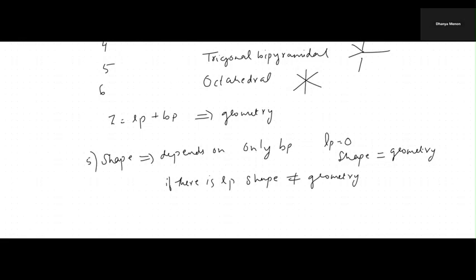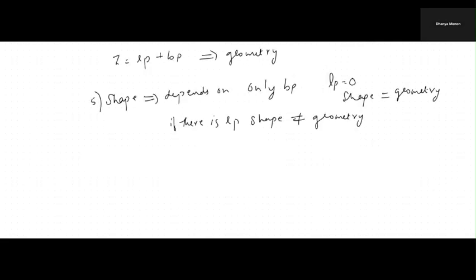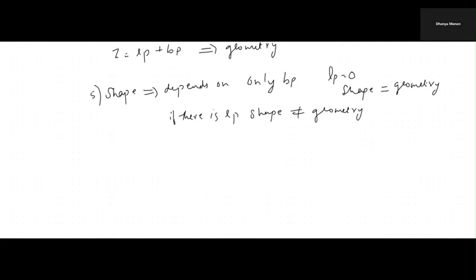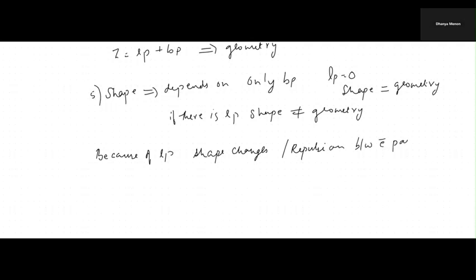And these are the postulates, or the main points of VSEPR. So in short, because of lone pair, the shape changes. Why? Because of repulsion between electron pairs.